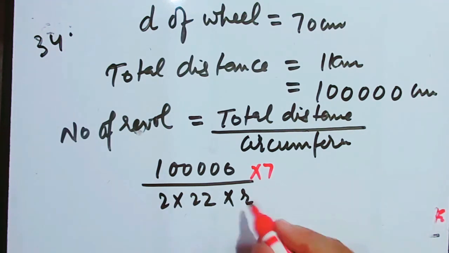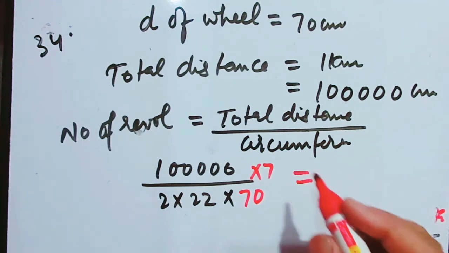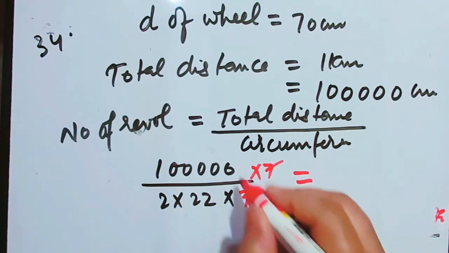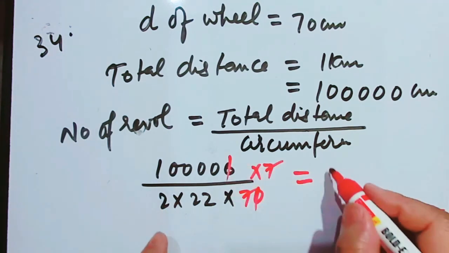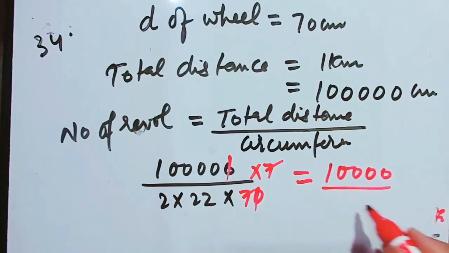Okay, this r is how much? This r again changes to 70. This r is nothing but 70. Therefore, on solving this, what are you going to get? You will get a value 100,000 by 2 into 22, that is 44.